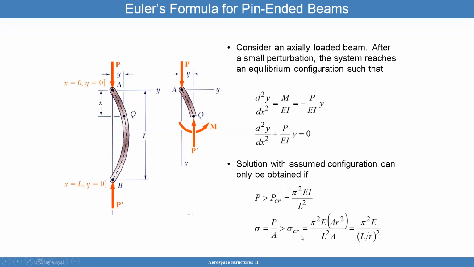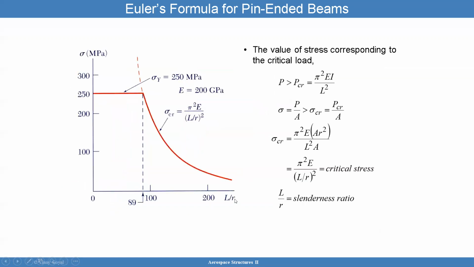What I'm trying to point out here is that you can design against the critical stress in the part or buckling. And so there are a certain amount of ratios where yielding is more important and buckling can be more important.